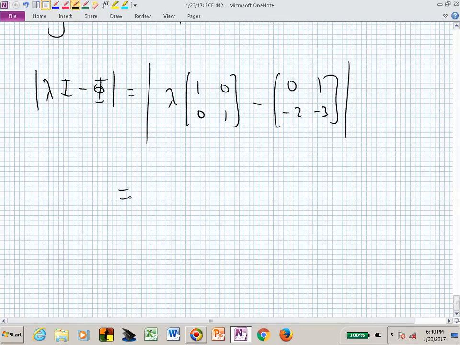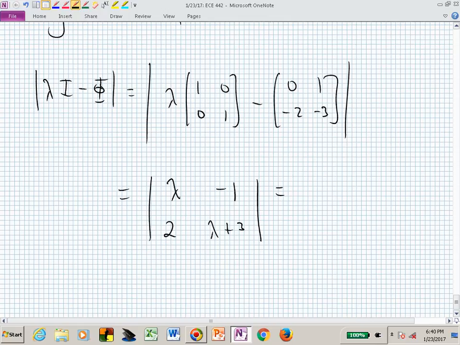This is now lambda in the 1, 1 entry, minus 1 in the 1, 2 entry, 2 in the 2, 1 entry, and lambda plus 3 in the 2, 2 entry. You need to be able to find a 2 by 2 matrix's eigenvalues.